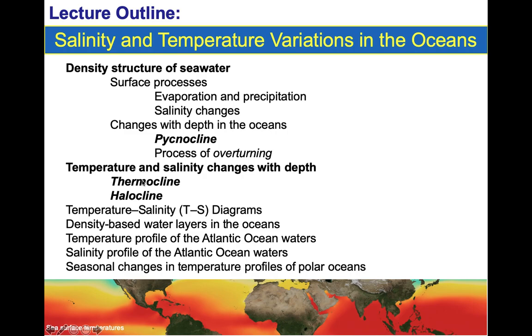A thermocline is basically a surface on which temperatures remain the same. By the same token, halocline is related to salinity changes, and halo is associated with halon content, which is the salt content of seawater. As long as you're on the same halocline, you are on a surface of the same salinity.